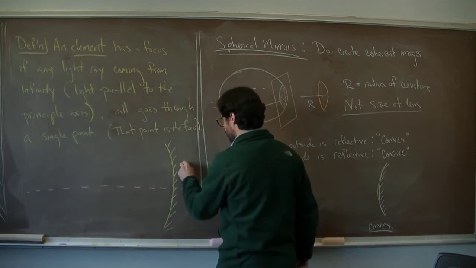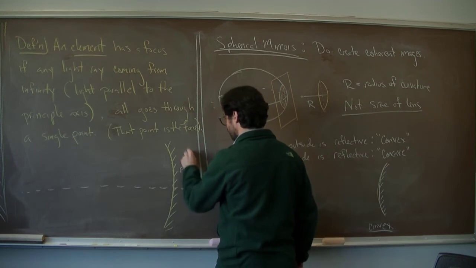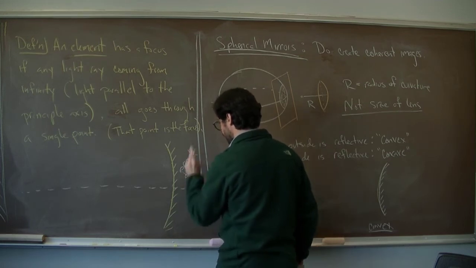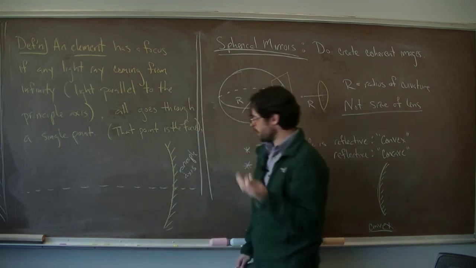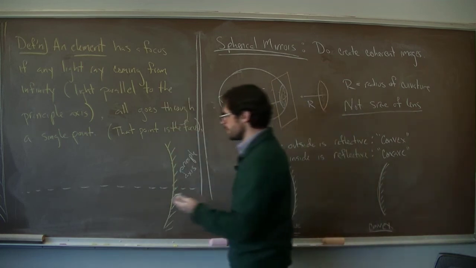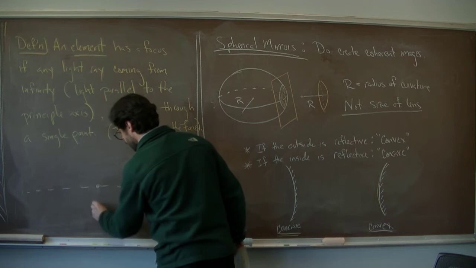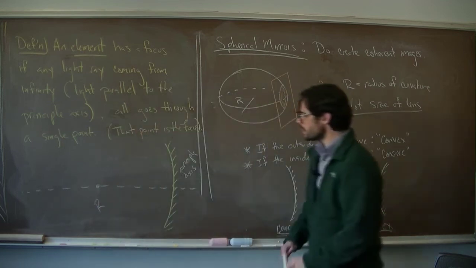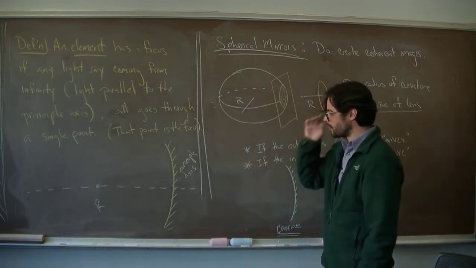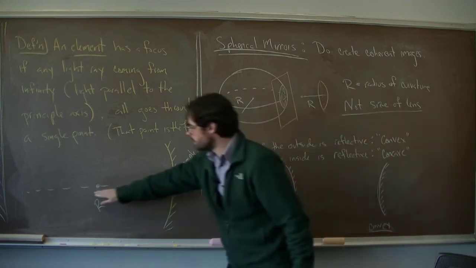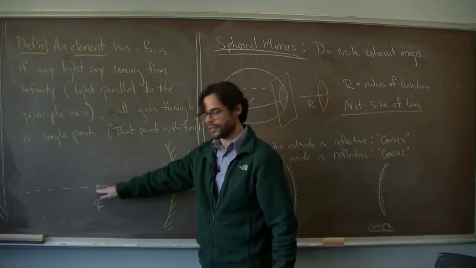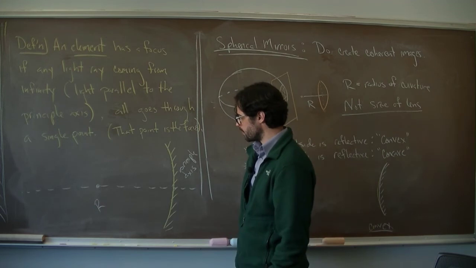So there's my principal axis. Another way to understand what a principal axis is: if you imagine the original disco ball from which this thing was cut, this would have been the center of the disco ball, and this is the little slice of bread that we took.